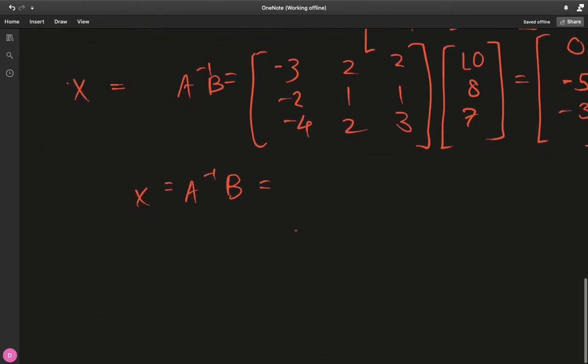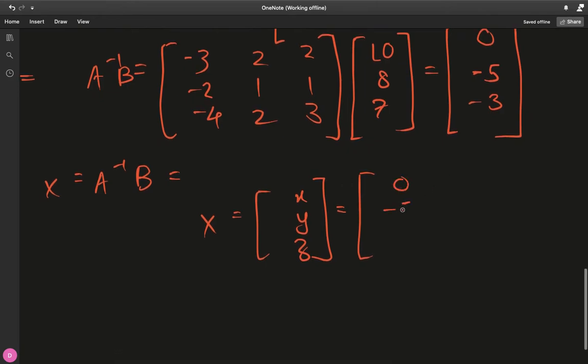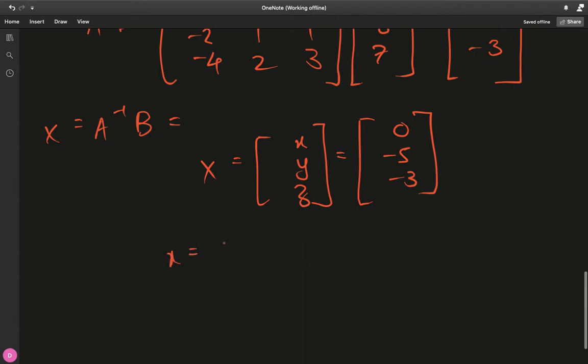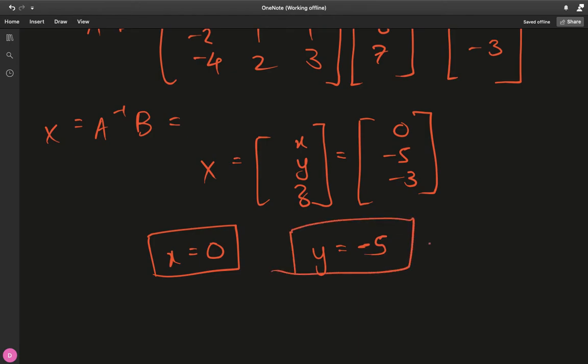That's X. And what was X? X, Y, Z, and that is equal to 0, -5, -3. So comparing entries, x is equal to 0, y is equal to -5, and z is equal to -3.